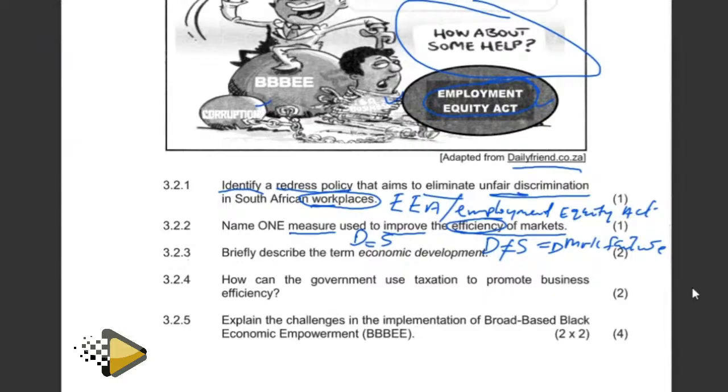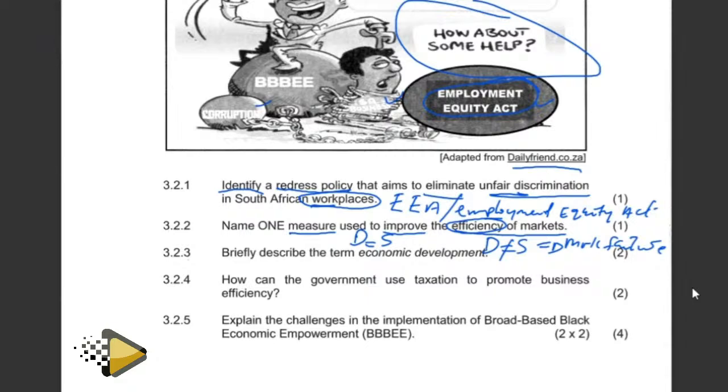Okay, right. So now let's check 3.2.3. 3.2.3 reads as follows: briefly describe the term economic development. Grade 12s, when we talk of economic development, it takes into account the approach towards the household. So it means we should always make sure that we take the household into account.